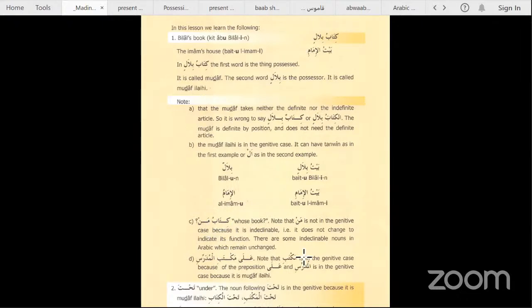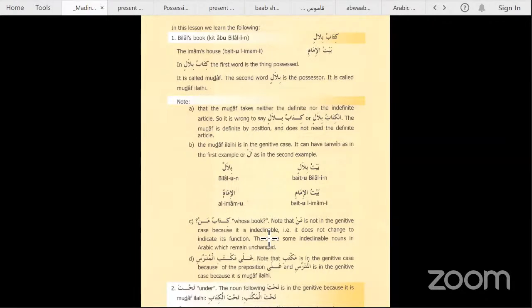Kitabu man, whose book. Note that man is not in the genitive case because it is indeclinable. It does not change.